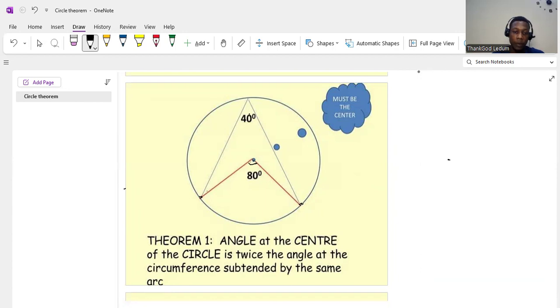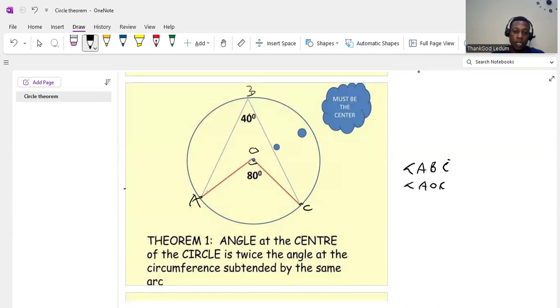If we label this now, we can have A here, B here, and C here. So now, this arc is forming angle ABC. Let's put this one here to be O. Then we can say this same arc is also forming angle AOC. So here we have angle ABC, and we also have angle AOC.